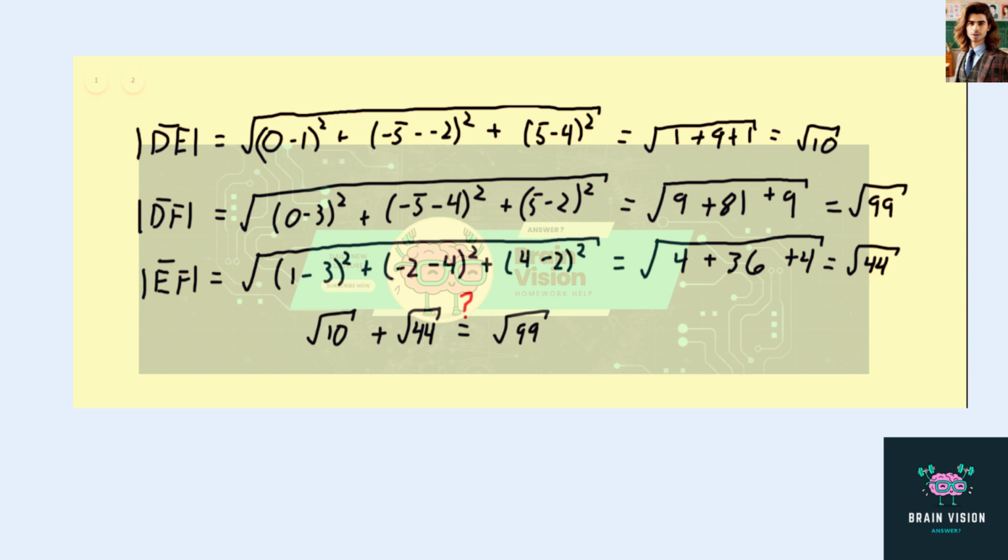So this left-hand side is approximately 9.796, and the right-hand side I got 9.950.